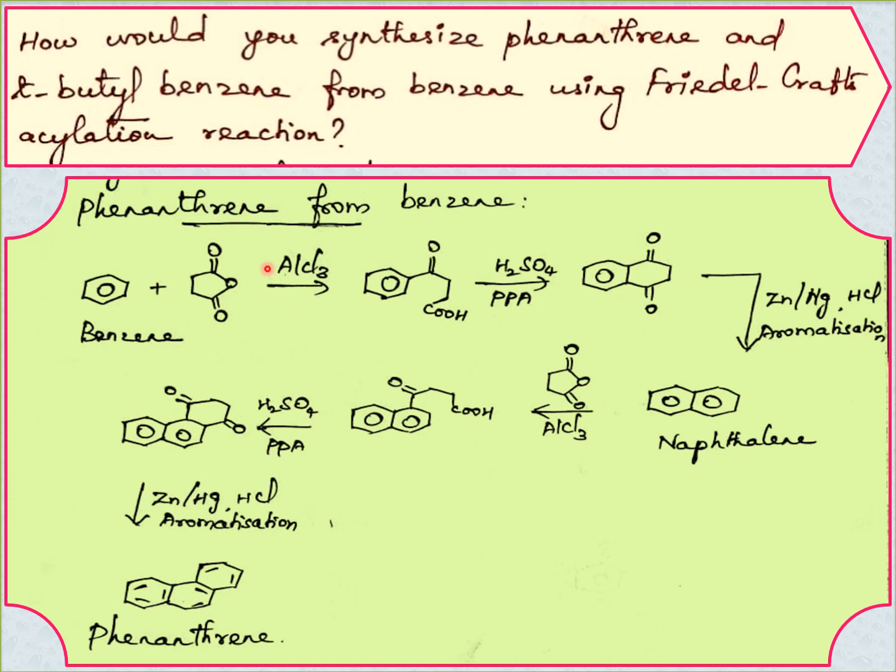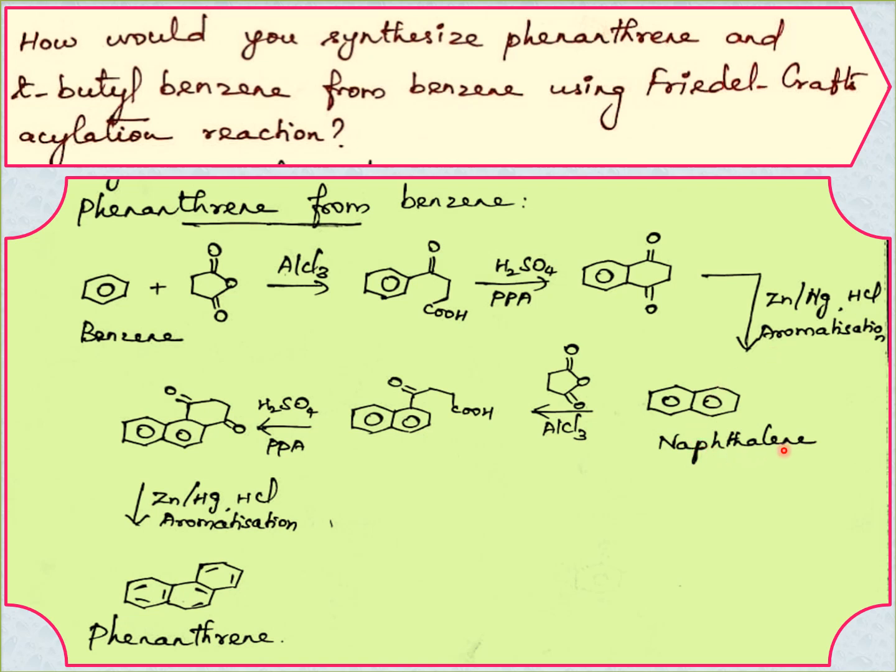In the presence of aluminum chloride, it gives an acylated product, which on further treatment with polyphosphoric acid and concentrated sulfuric acid, this open chain acid functional group is converted into a cyclic ketone, which on further reduction with zinc amalgam and HCl, that is the Clemmensen reduction, this keto group is converted into an alkane, followed by aromatization.